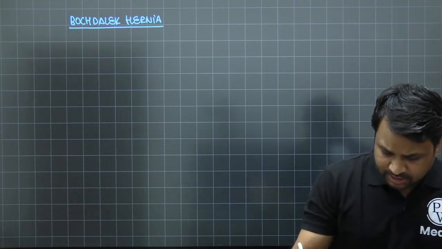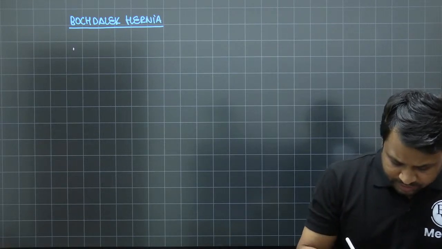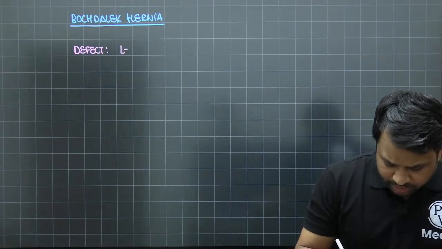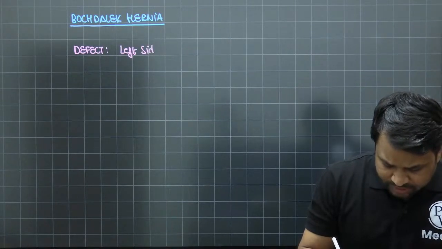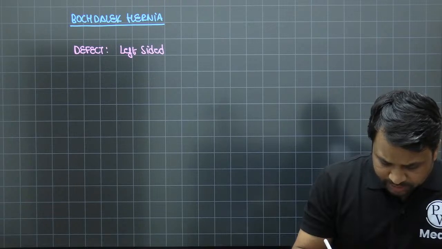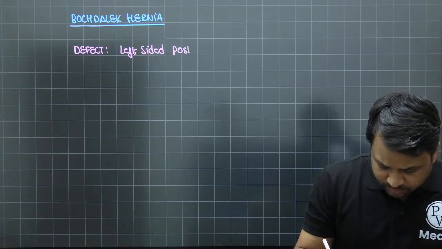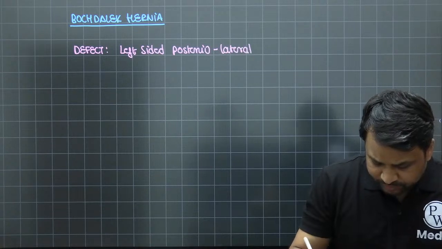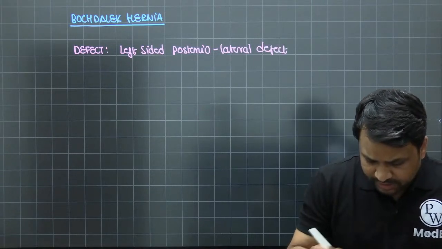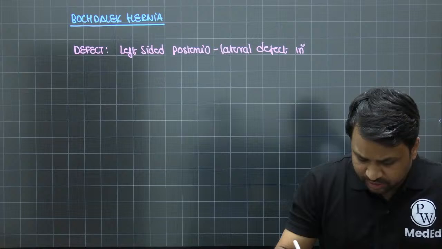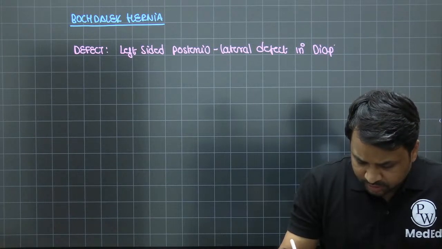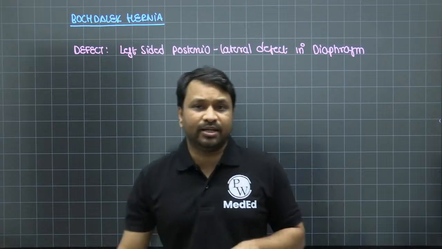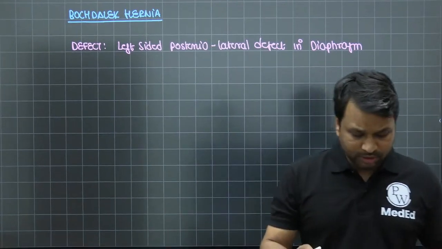The classical description of the defect is that it is a left-sided posterolateral defect in the diaphragm. That is the usual site, the most common site that you will see as a defect in the Bochdalek hernia.